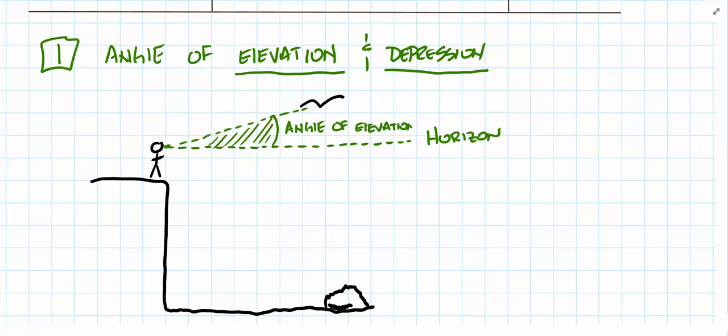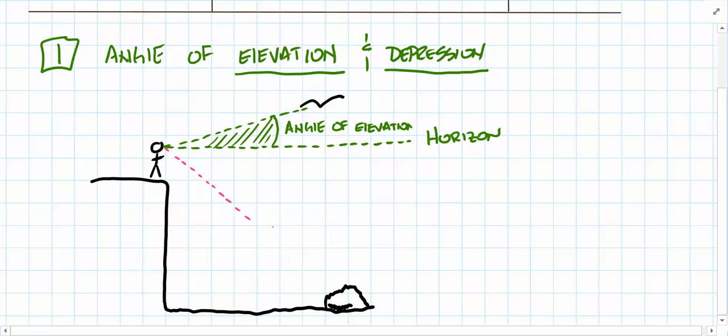Great question. What does the rock have to do with it? Let's say you're looking at the rock. Oh, look at that rock down there. The angle of depression would be this angle here, measured from the horizon down. This is your angle.